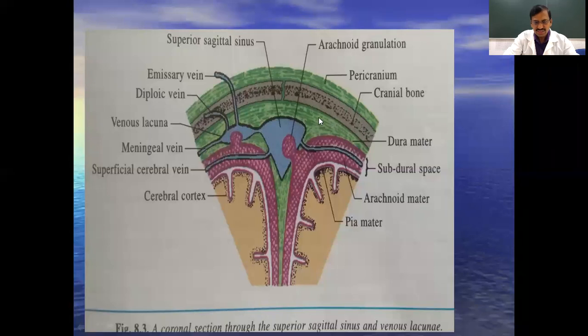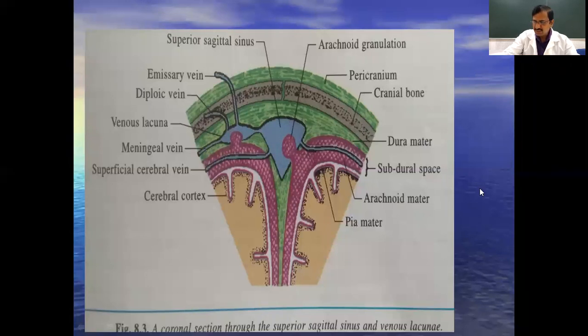The dura is divided into 2 layers: this is the endosteal layer, and this is the meningeal layer. In between these 2 layers, there are venous spaces. They are called dural venous sinuses, especially this one, the superior sagittal sinus.